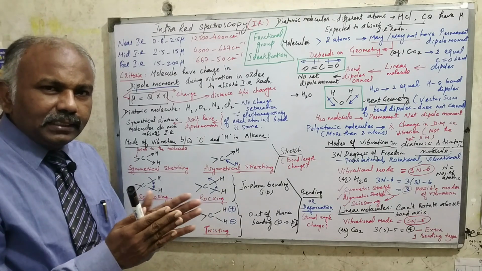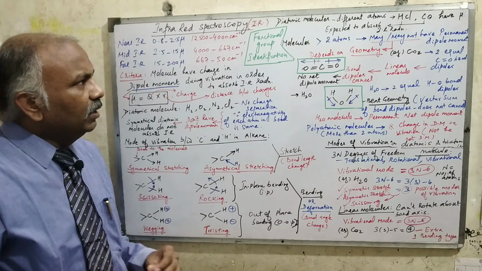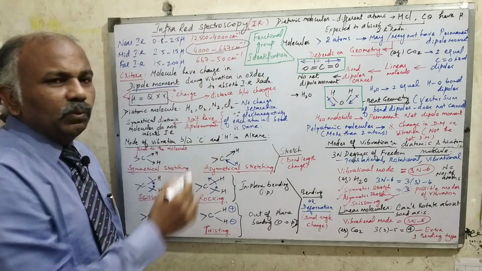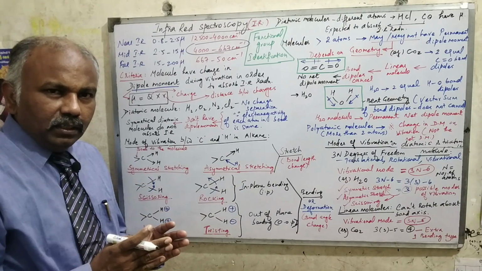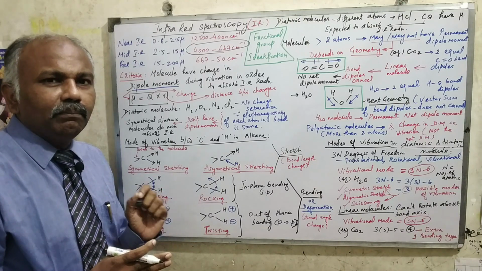So why have they classified the infrared region into three categories: near IR, mid IR and far IR? The mid IR is the most important range. The mid IR is used for identifying the functional groups of most of the organic compounds. So for analyzing any drug molecules and organic compounds, the mid IR region is very, very important.